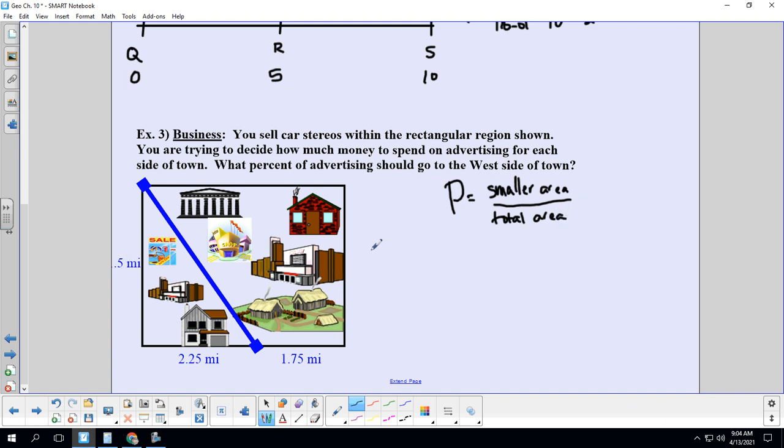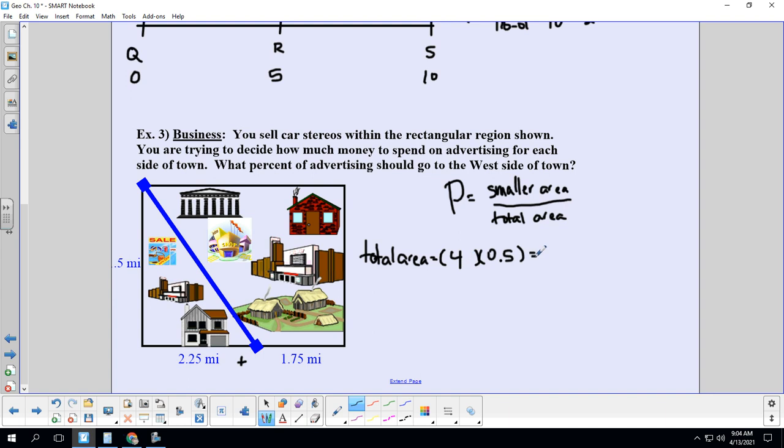So we are going to be hunting, let's do the total area first because that's going to be easier. So this shape is a rectangle. Anytime we do rectangles, we have base times height as our area. The base here is 2.25 plus 1.75. Well, that is 4. And the height here is 0.5.